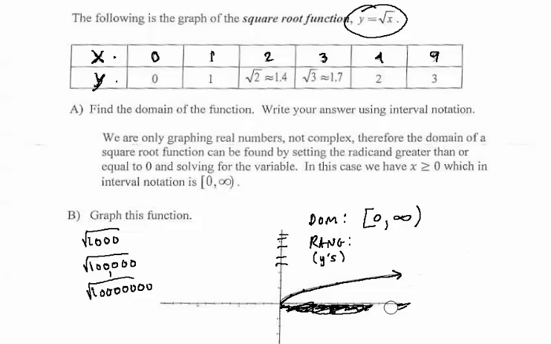Now, if you look down here below, it gets to 0 and it stops. It doesn't go down here below the x-axis. So for the range, we also say it starts at 0 and goes up to positive infinity. These are the only y values that we can expect to get out of this square root function.